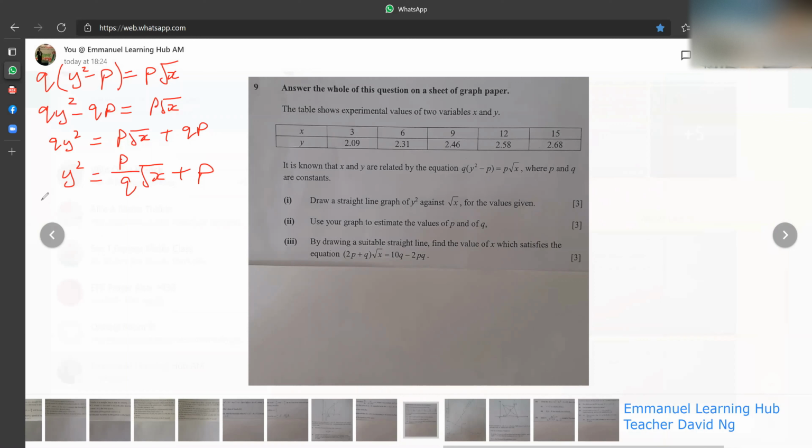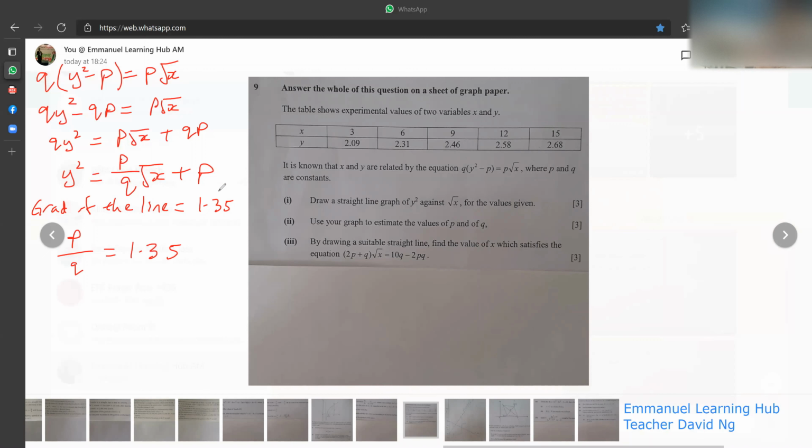The gradient is 1.35. That means p over q is estimated to be 1.35.